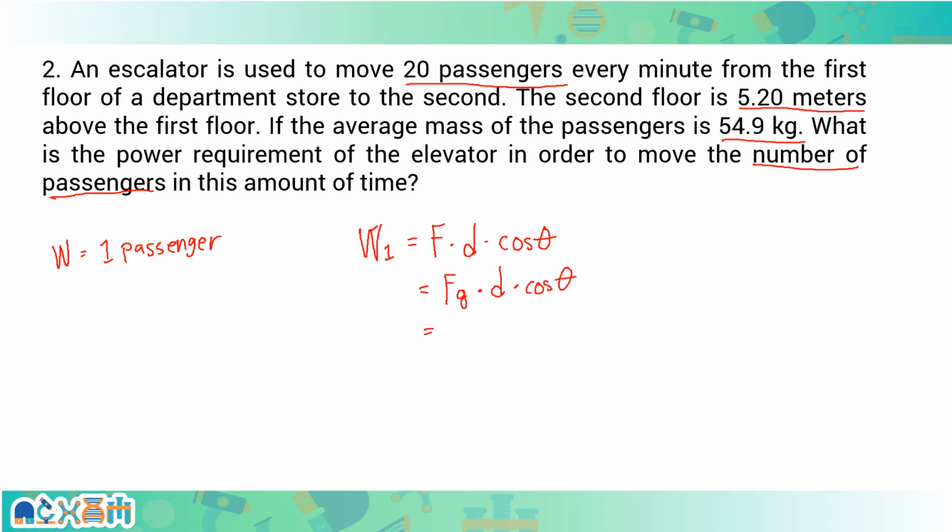And our F grav, or F gravity, would be equal to mass multiplied by gravitational acceleration. So the average mass for one passenger is 54.9 as stated. So that would be 54.9 multiplied by 9.8, which is the acceleration due to gravity, multiplied by the displacement, which is 5.20 meters.